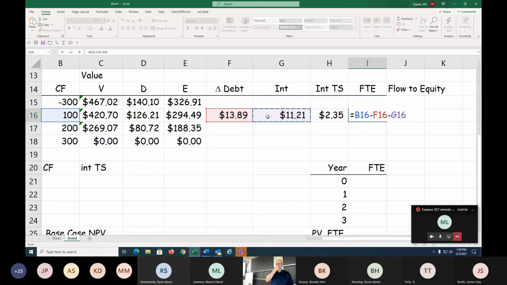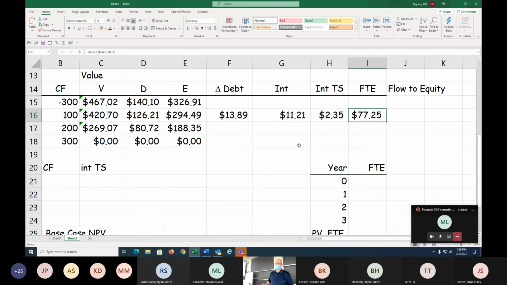But you pay interest on an after-tax basis, so we'll reduce the amount of interest you pay by the interest tax shield. So I'm going to put a plus on that. And so I see of that $100, the shareholder sees 77.25.